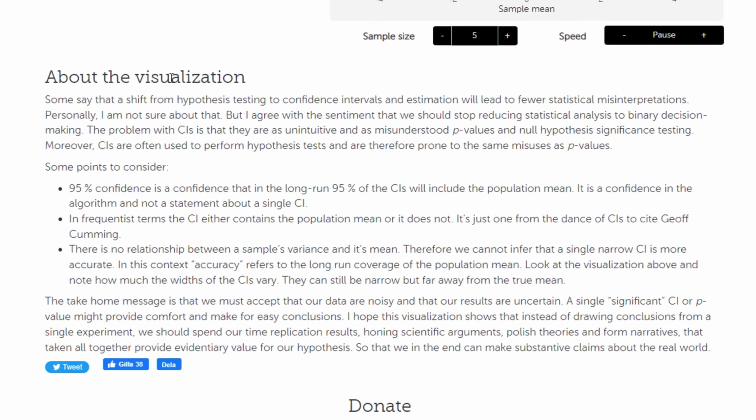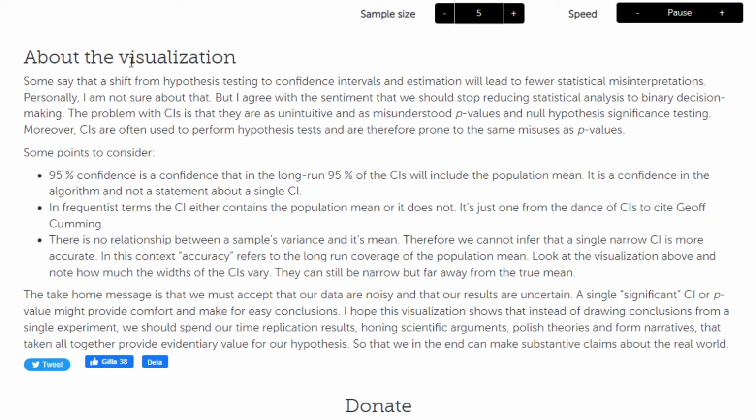So I'll just read the paragraph about the visualization because I think it's very good. Some say that a shift from hypothesis testing to confidence interval and estimation will lead to fewer statistical misinterpretations. Personally, I'm not sure about that, but I agree with the sentiment that we should stop reducing statistical analyses to binary decision making.